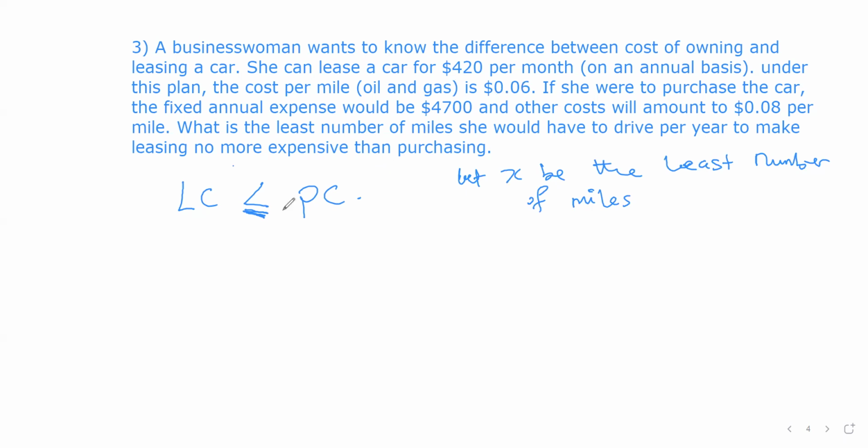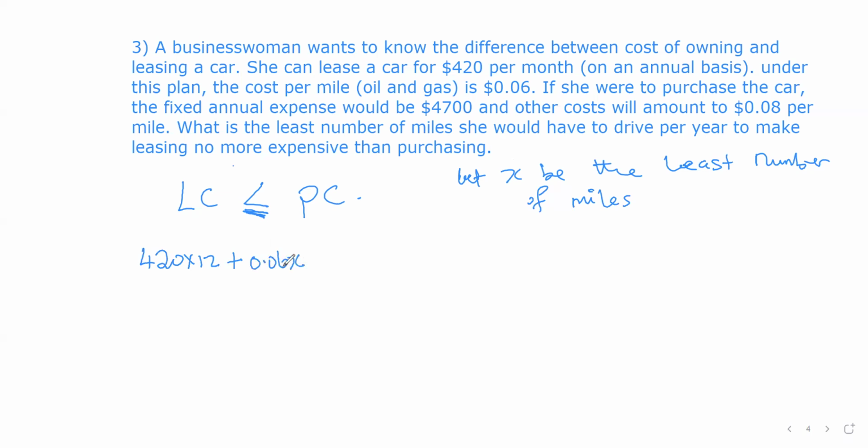Okay, so the cost of leasing for 1 year will be 420 times 12, all right, because 420 is for 1 month, plus she will drive X miles in that 1 year. Okay, the cost of gas and oil per mile is 0.06, all right, for each mile that she drives. So for X miles that she will drive for the entire year, the cost will be 0.06x.